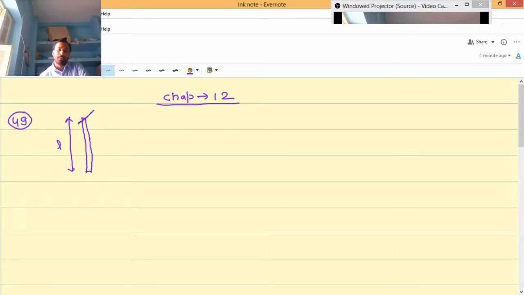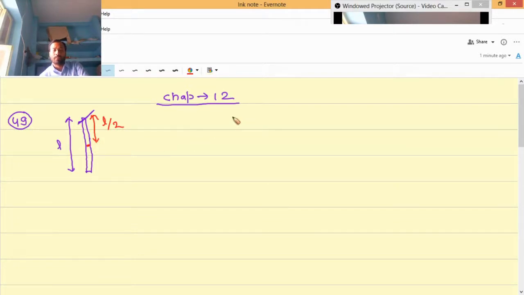It's my drawing problem, so I hope you will consider. This is the point of suspension of the rod, and if we consider that this is the center point, then from the center to the point of suspension the distance equals L by 2.